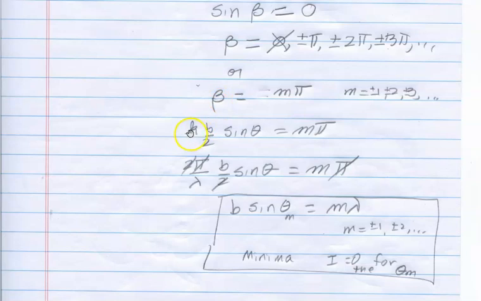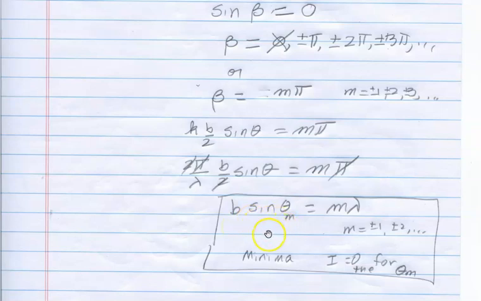Beta is k b over 2 sine theta. K is 2 pi over lambda, times b over 2 sine theta, is equal to m pi for the minimum condition. And we get a fair amount of cancellation. The pi's will cancel, the 2's will cancel. And if I bring the lambda over here, we get the angles at which we achieve minimal intensity. In fact, it's 0 if you look at it.